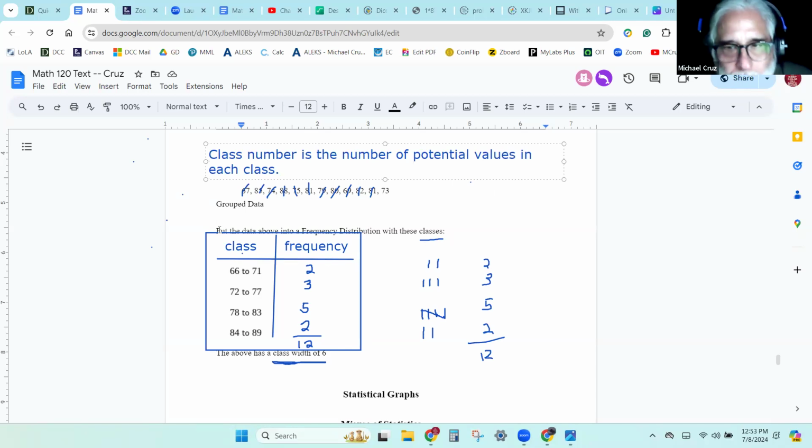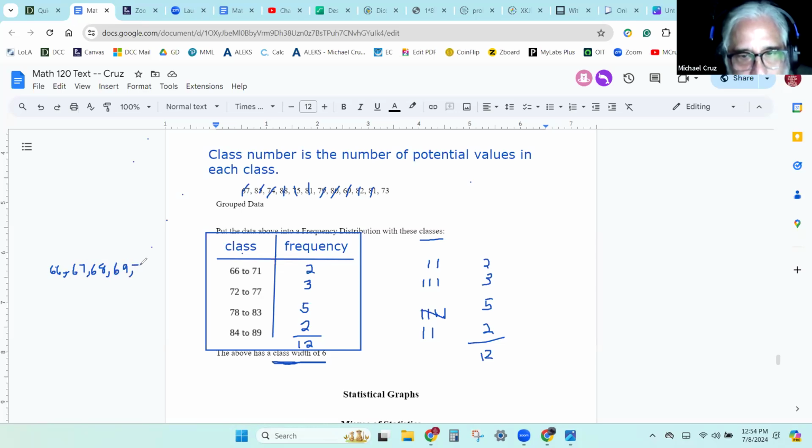Now, when I say potential values, let me show you. So for this one right here, that's 66, 67, 68, 69, 70, and 71. 1, 2, 3, 4, 5, 6.